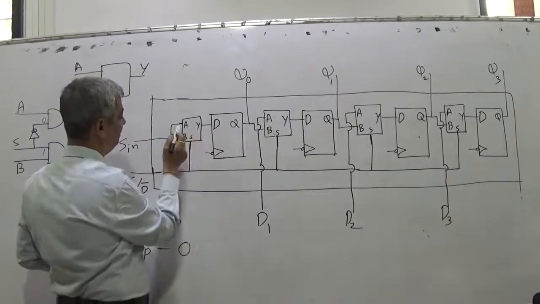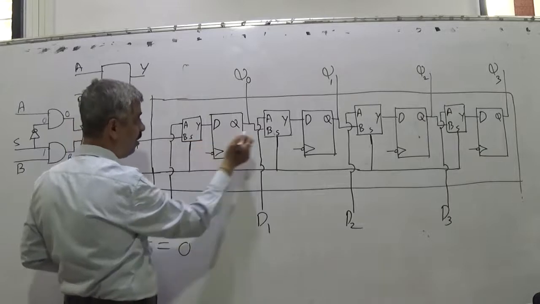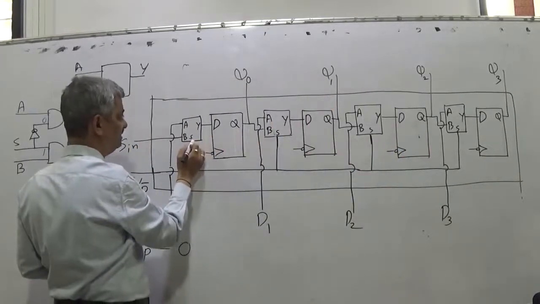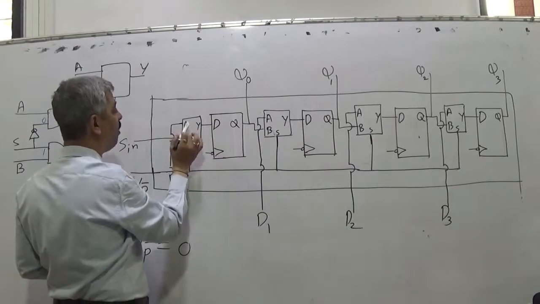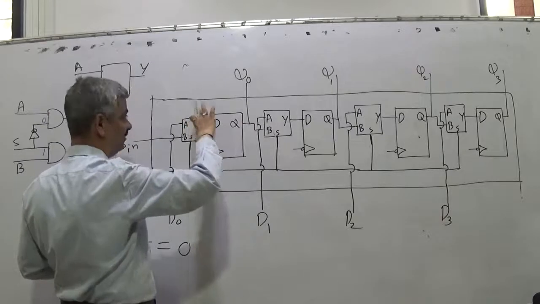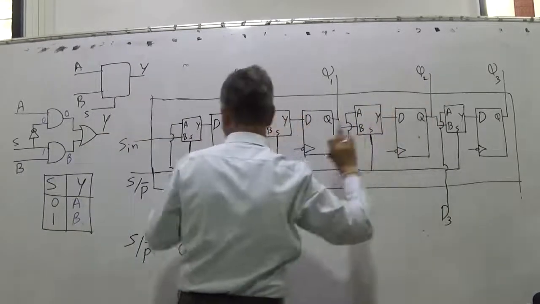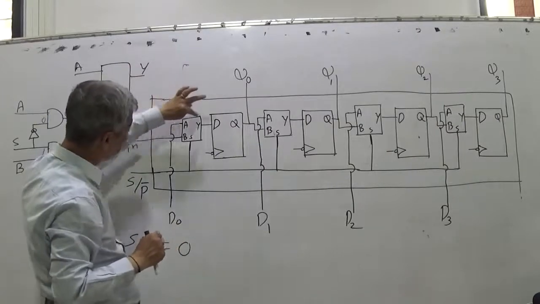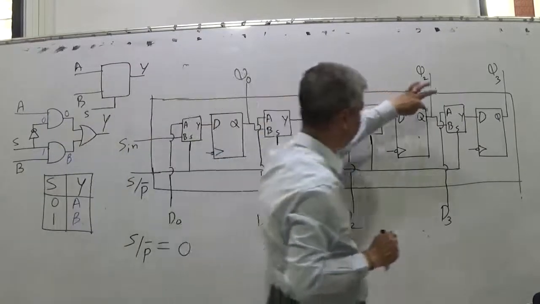So if this S of all is made common, so if this S is 0, all these 4 inputs, 2S1, 2S1, 2S1, 2S1, so all A's will come on respective D's.